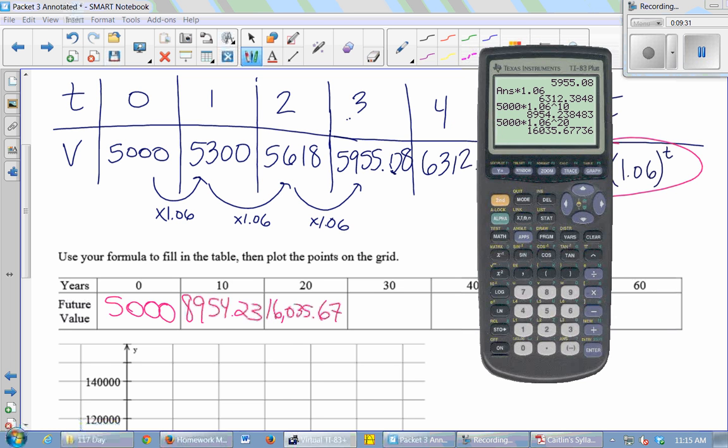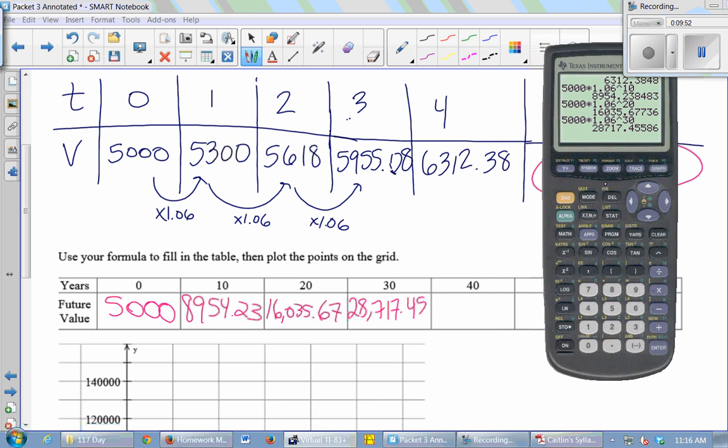Same calculation for 30 years later. You start with 5,000, multiply by 1.06 30 times, which is the same as 1.06 to the 30th. And I get $28,717 and 45 cents.